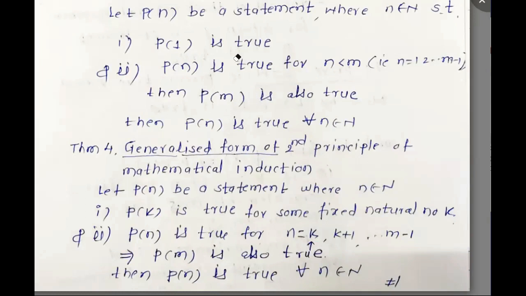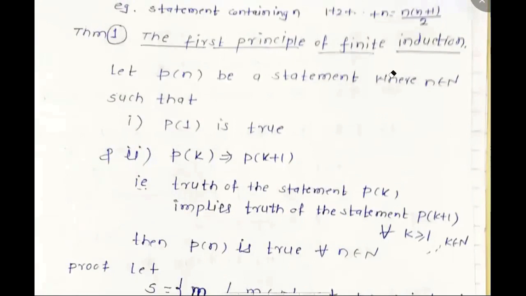But usually we use the first principle of mathematical induction, in which the two conditions are: the given statement is true for n equal to 1, and the truth of the statement P(k) implies the truth of the statement P(k plus 1). If the statement is true for k, and using this information P(k plus 1) is also true, then P(n) is true for all natural numbers.